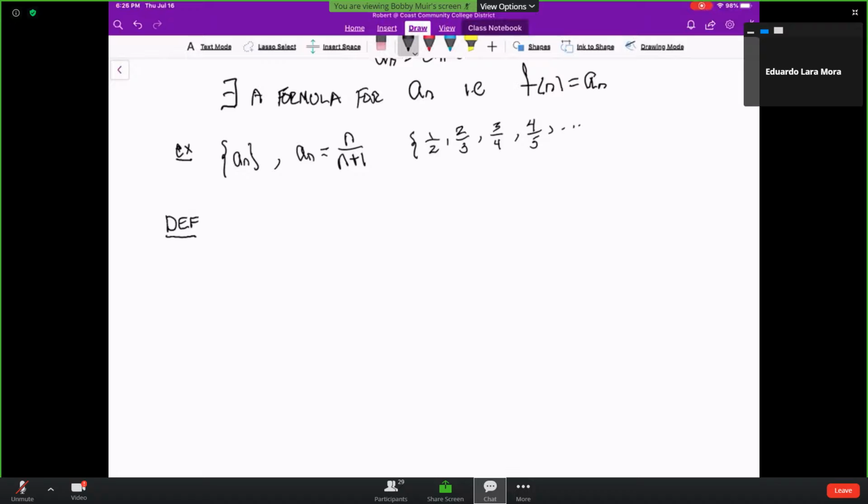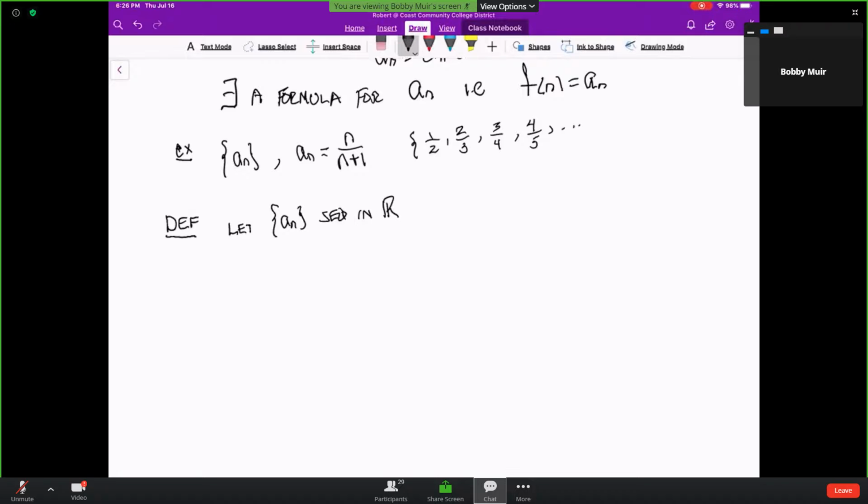Okay, so let's let a sub n be a sequence in R. We're not going to be dealing with complex numbers until we get back to Math 285.